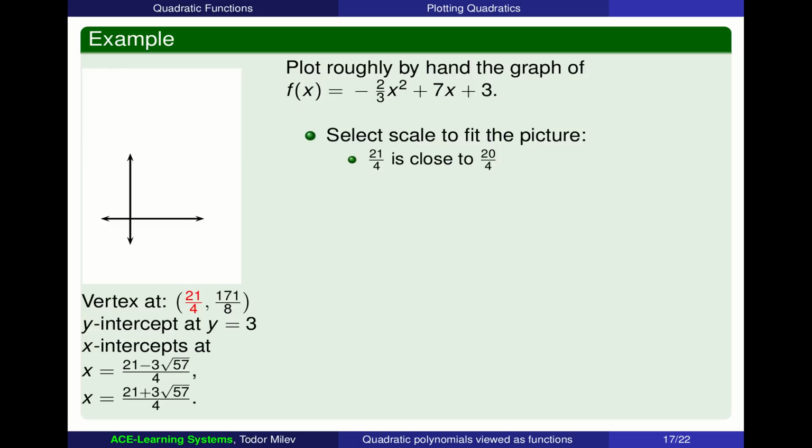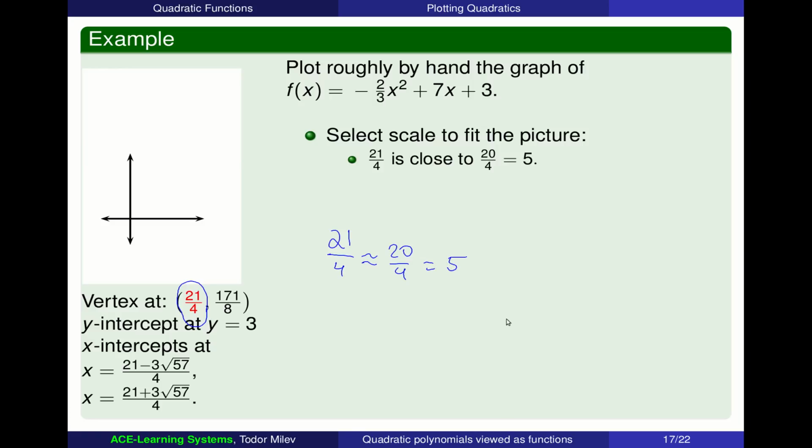All right, so now let's select our scale so that we can fit the picture. I actually now have to go ahead and plot all of these points on my coordinate axis. But where do I plot them? How large are these points? Well, the first thing is I need to figure out the x-coordinate of the tip of the parabola. Now, 21 fourths is approximately equal to 20 fourths, which is 5.